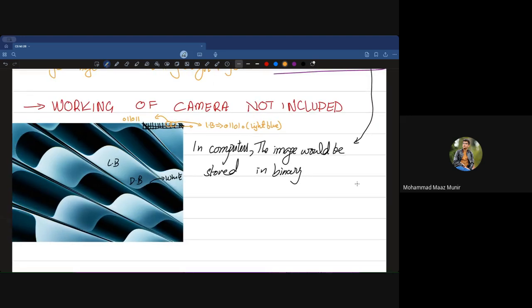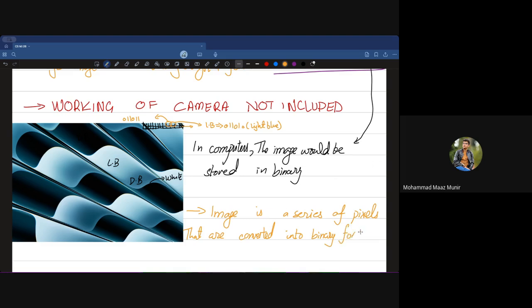Now, how do I define an image? It's important to see that an image is a series of pixels that are converted into binary for further processing.